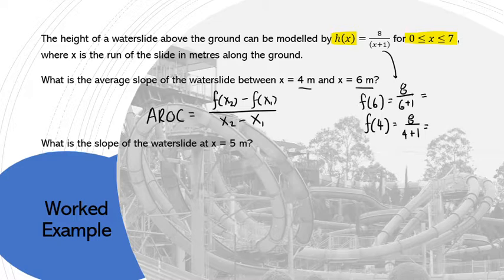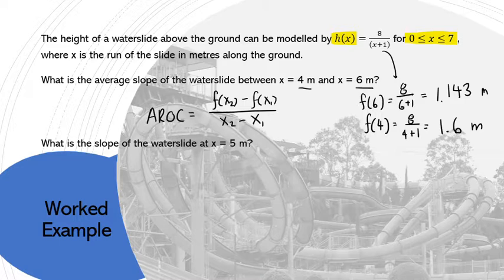So 8 divided by 7 gives me, this is obviously a homemade problem because it's very, very short. This is the kiddie water slide, 1.143 meters. And then when we have 4 meters, we are going to be only at 1.6 meters. So a slow start to this water slide. And then this all goes into our formula.